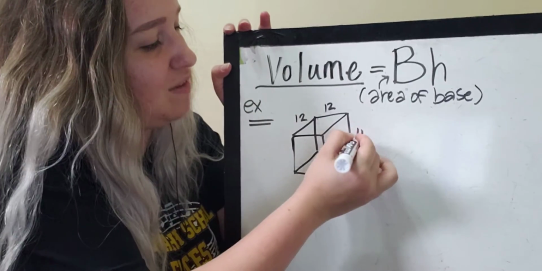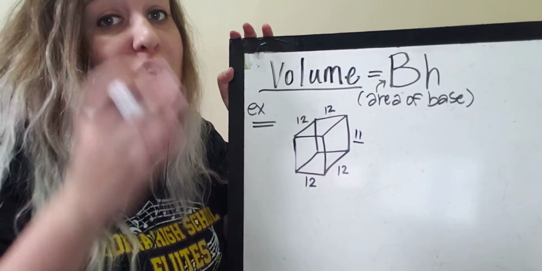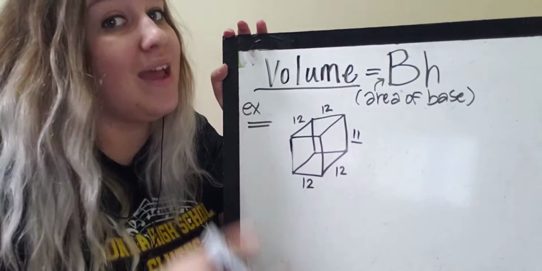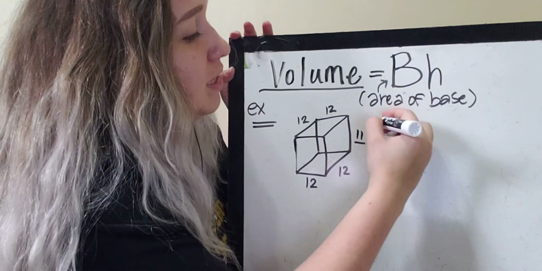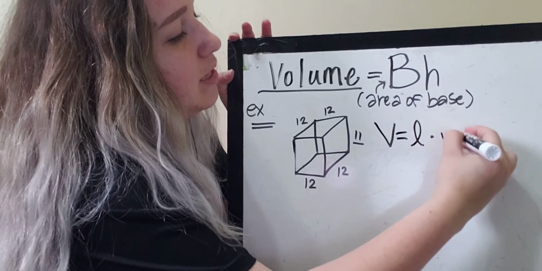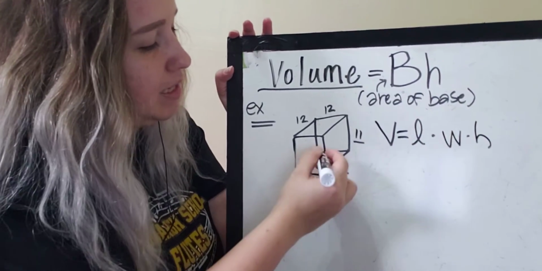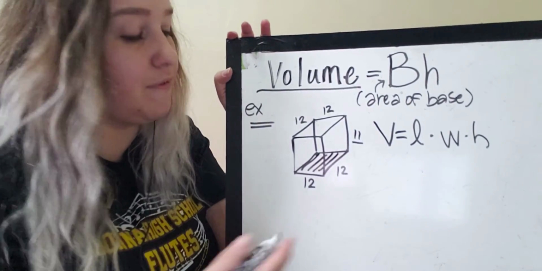But because of this number right here, it's not. Remember that cubes have to have every single number the same. So this becomes a rectangular prism. Length times width times height. Here is your base. Two numbers have to come off of the base.